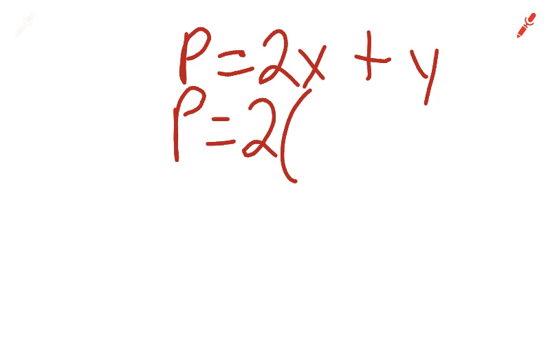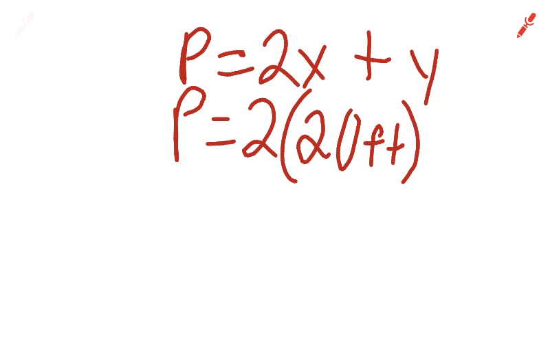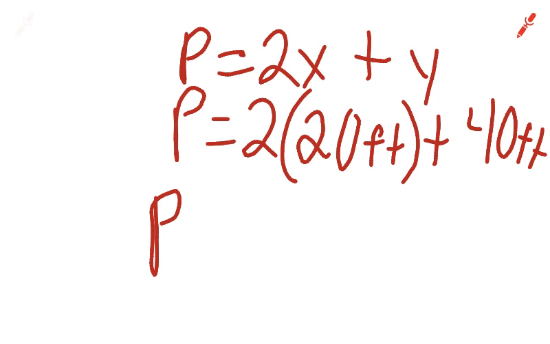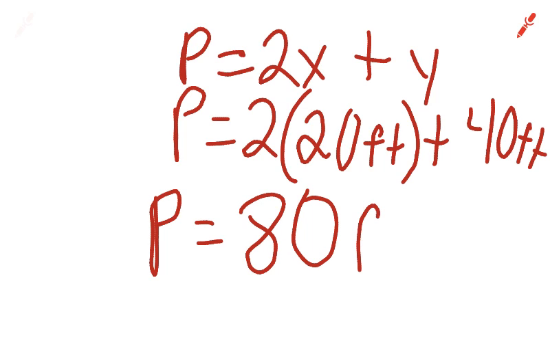So P equals 2 times 20 feet, remember to have your units, plus 40 feet. And the perimeter equals 2 times 20, which is 40, and 40 plus 40 equals 80. 80 feet, and that's your answer.